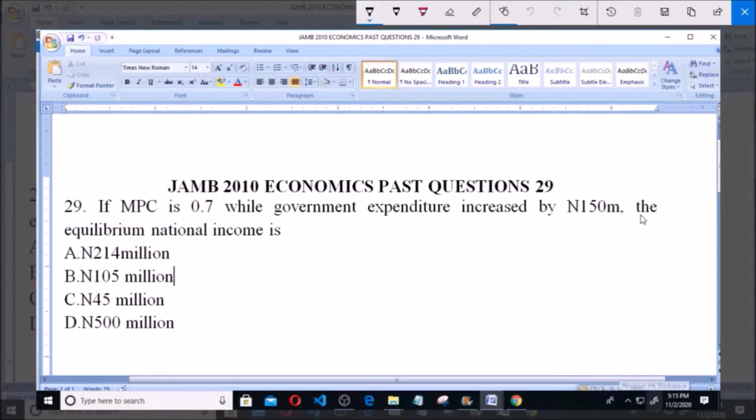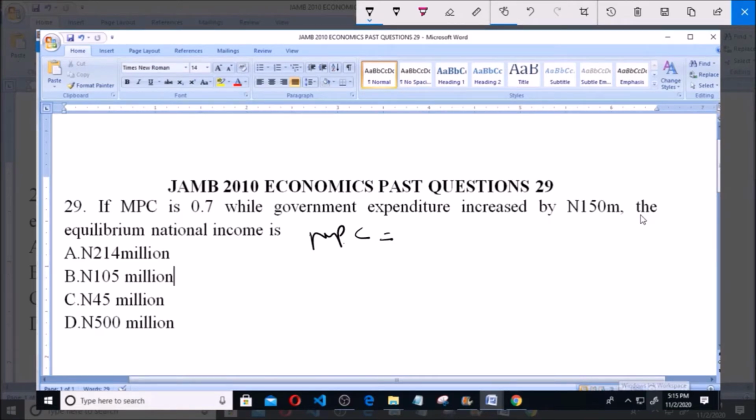Economics past question number 29 says if MPC is 0.7 and government expenditure increases by 150 million naira, the equilibrium national income is what? So here we're looking at MPC, which is marginal propensity to consume.